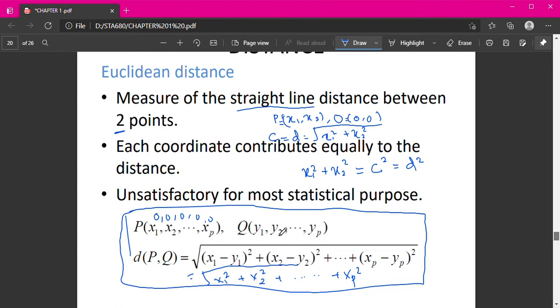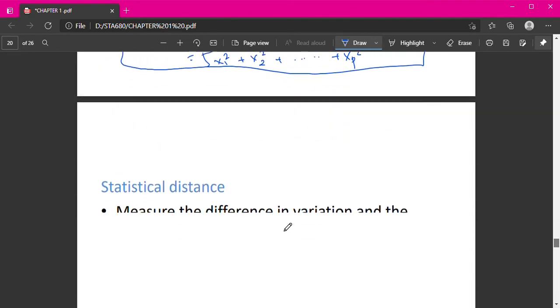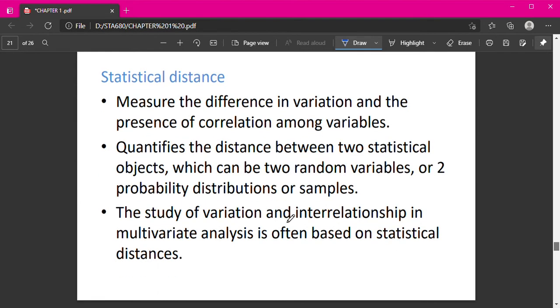Because of dia punya maybe statistical distance tu kita ada beberapa direction, so dia tak sesuai. Sebab kalau Euclidean distance ni hanya untuk straight line sahaja, so because of that diperkenalkan statistical distance.